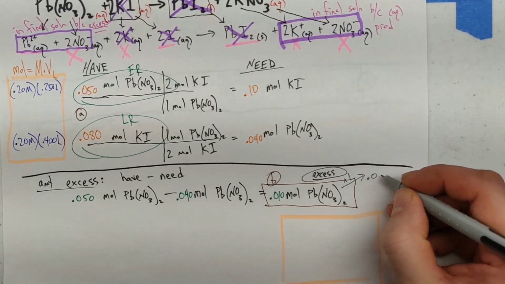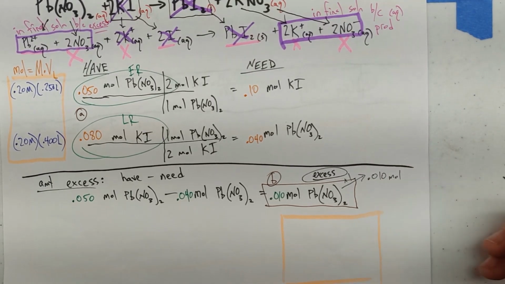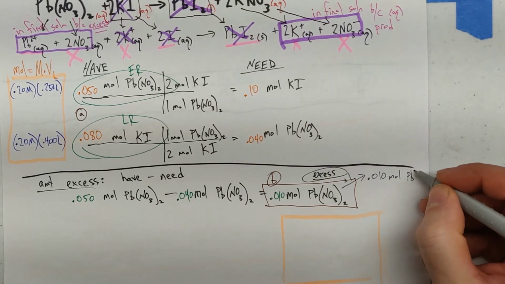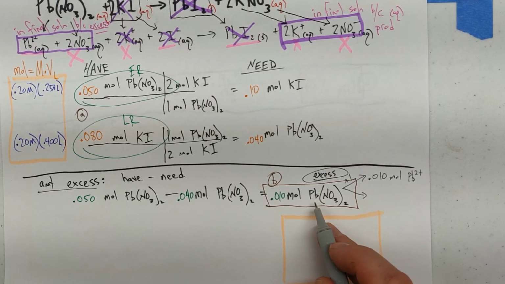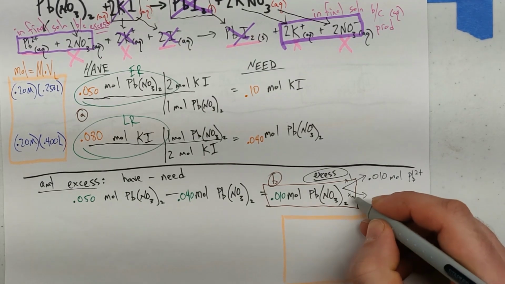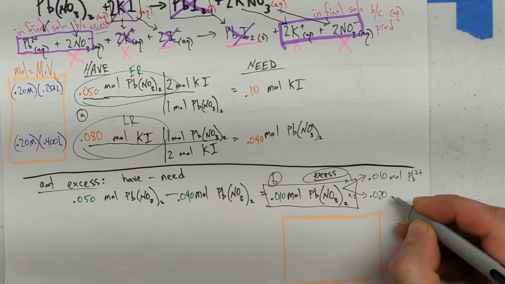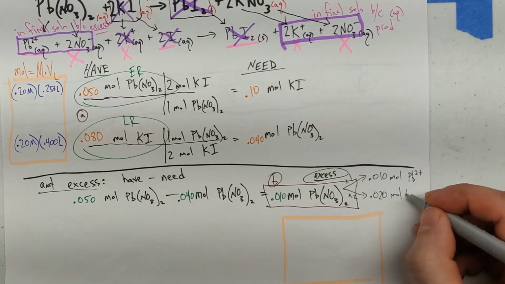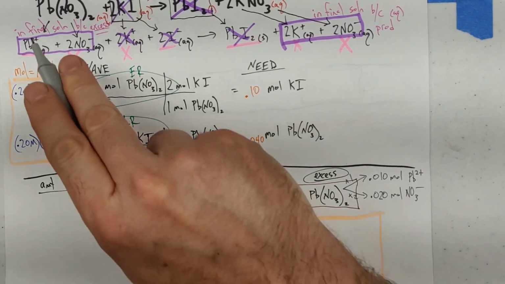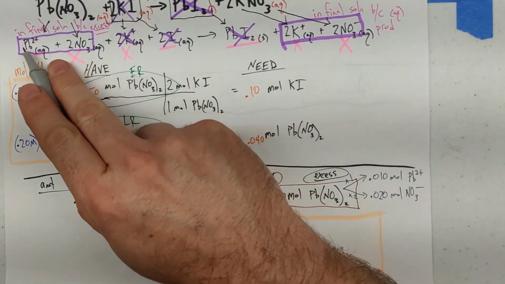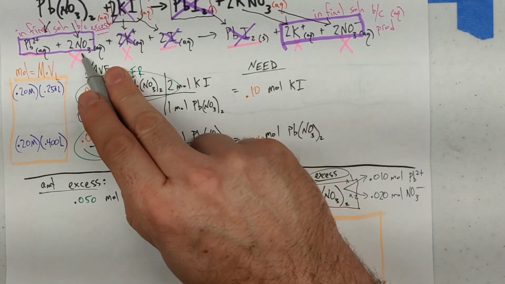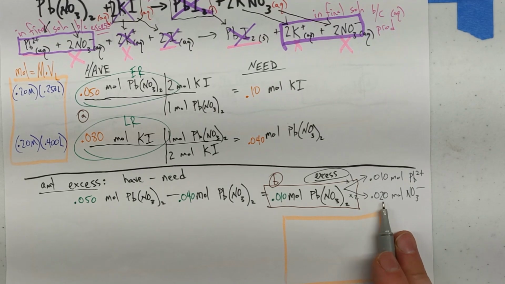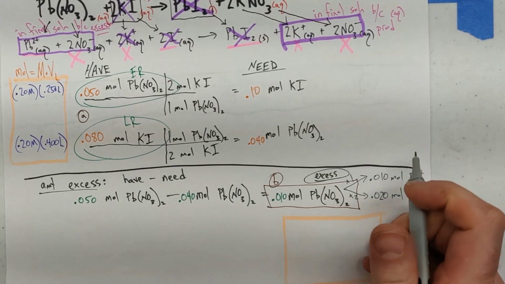So that's 0.010 moles of Pb2+. And for every one lead nitrate, I have 2 nitrate ions, so that's 0.020 moles of nitrate ions. So as we're looking at this excess stuff, lead ions, I've got 0.010 moles of. Nitrate ions, I've got 0.020 moles of, because that was left over when the reaction took place.